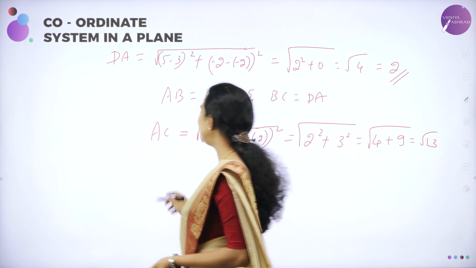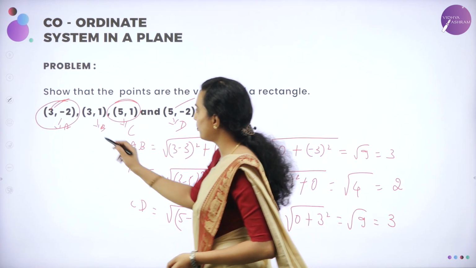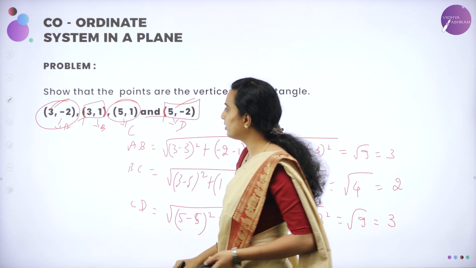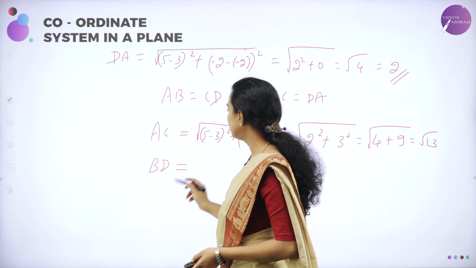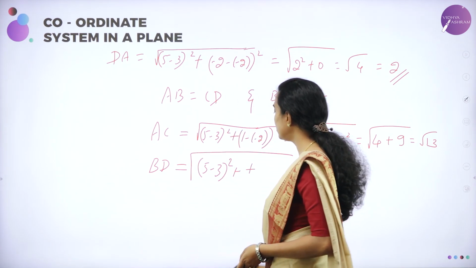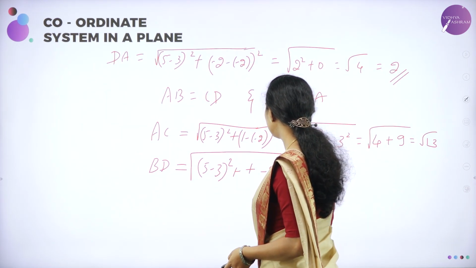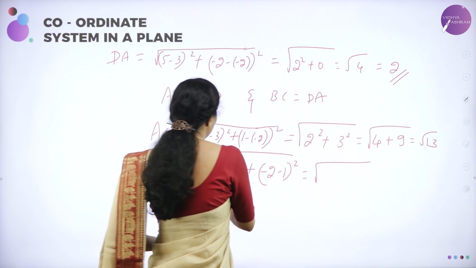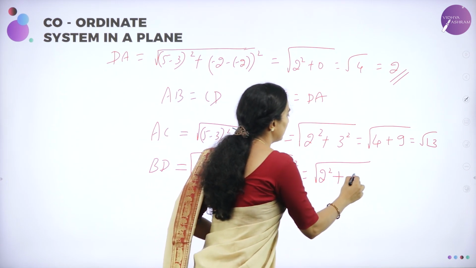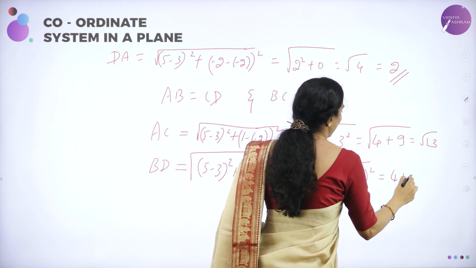Let me find out BD. BD is equal to which one? These two points, B and D. So square root of 5 minus 3 whole square plus minus 2 minus 1 whole square. 5 minus 3 is 2 squared, plus minus 2 minus 1 is minus 3 squared, which will be 4 plus 9.